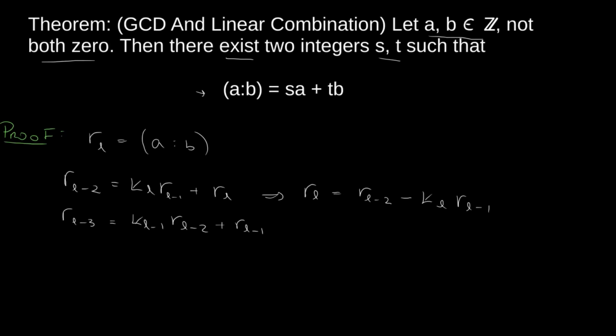So now what we can do is we see that we have RL minus 1 here and here, and so we can write RL as RL minus 2 minus KL times RL minus 3 minus KL minus 1 times RL minus 2.